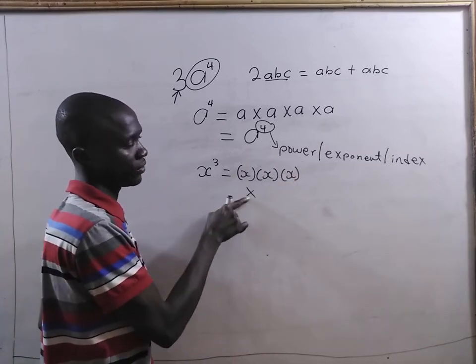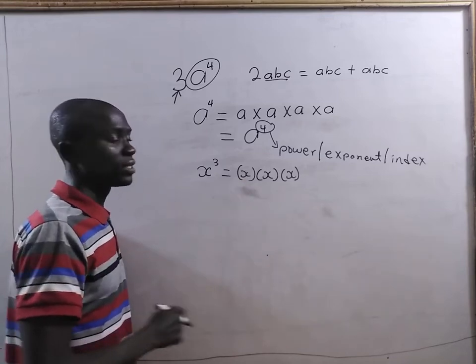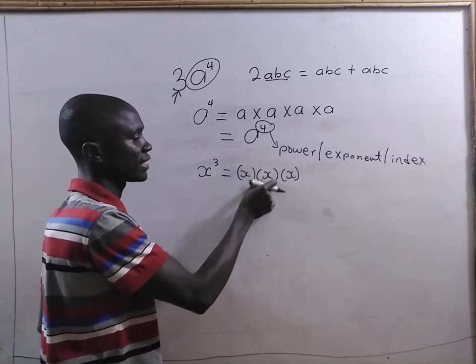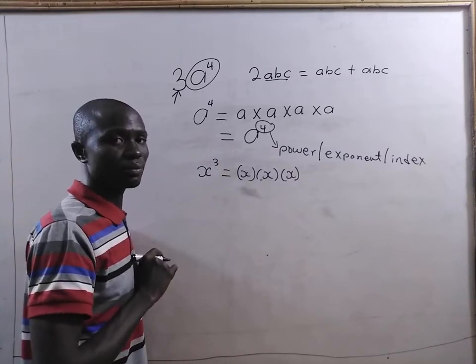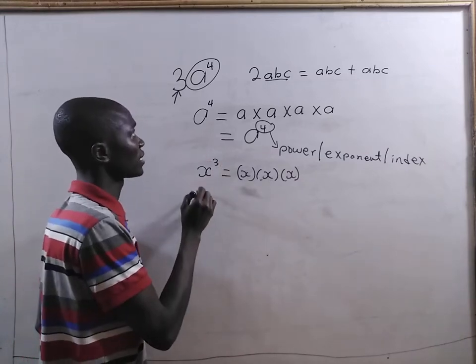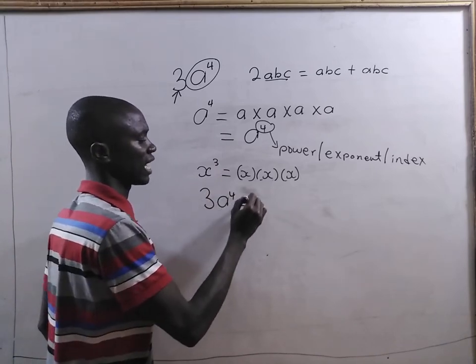I didn't use this times because you confuse it with the x there. So I have x multiplying x how many times? 3 times.